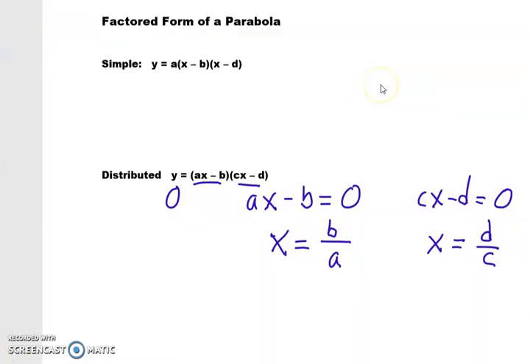So our goal was to figure out, why does factored form of a parabola work on the graph the way it does? The reason it does is the zero property, and the reason the zero property works is that on the x-axis, y is equal to 0. So either the one factor has to be 0 or the other factor has to be 0. Doesn't matter which form you use, either the first factor has to be 0 or the second factor has to be 0.